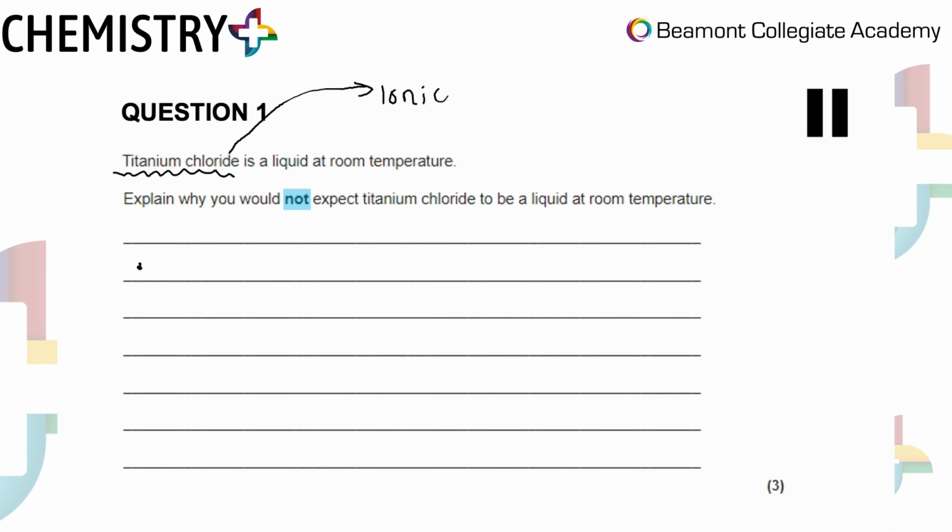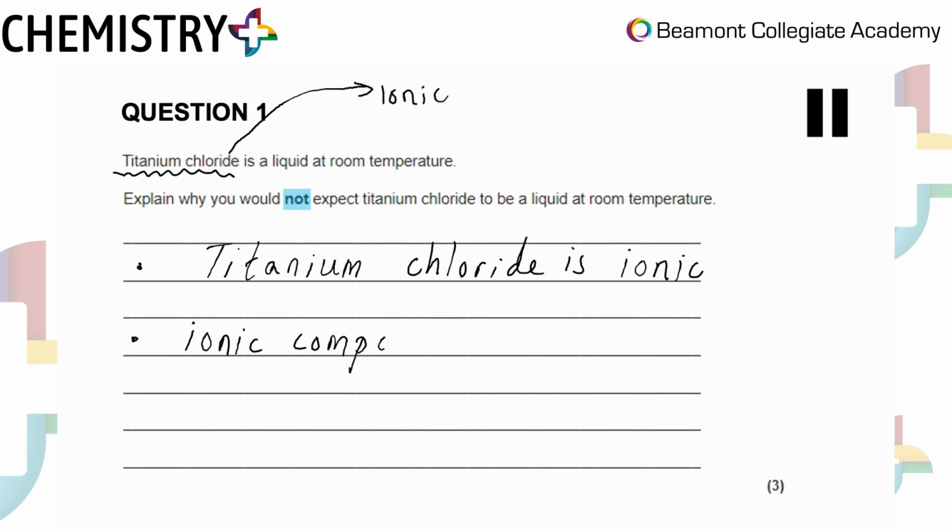So the first point I would make is titanium chloride is ionic. Second point, ionic compounds have high melting points.